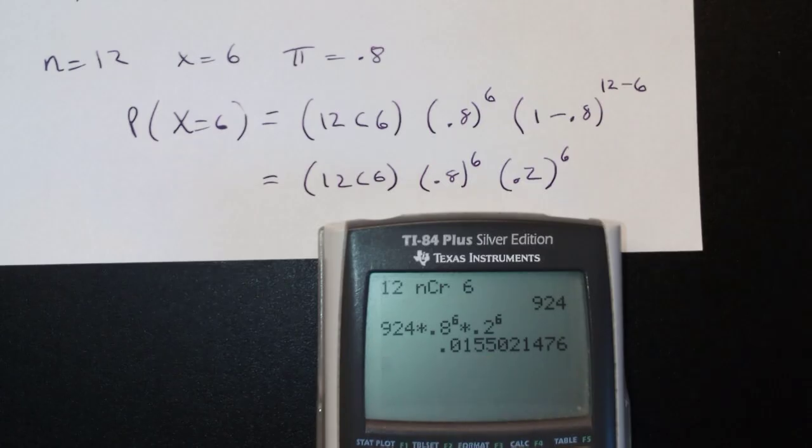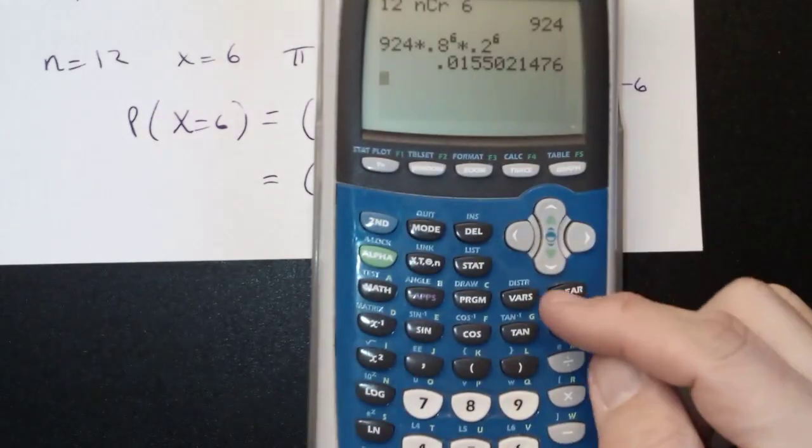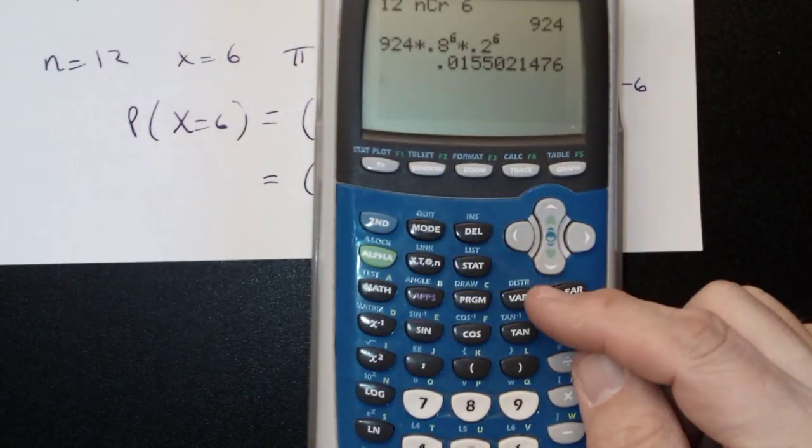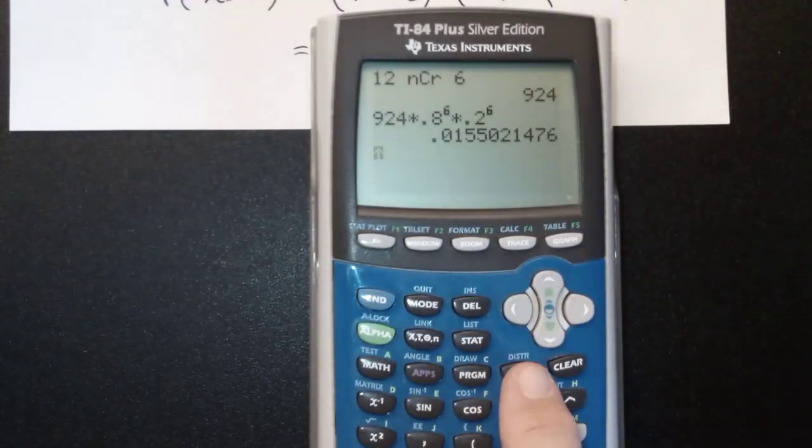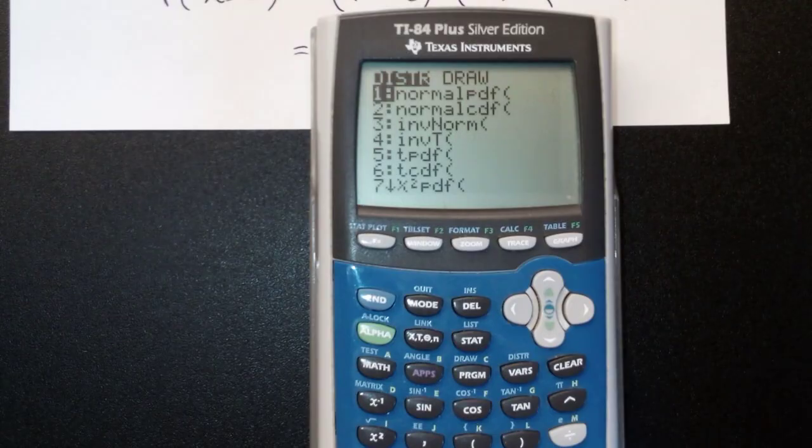I can go you one better. This is a distribution. I'm going to use the same formula over and over and over again, right? Above this key, what does it say? Distribution. So if I hit second variables button, there are distributions there. See the little arrow pointed down? Let's go down.